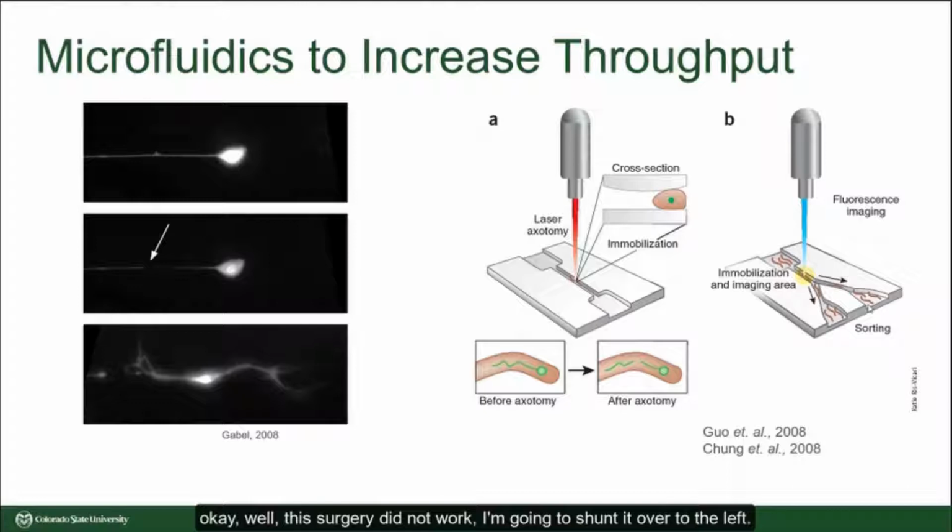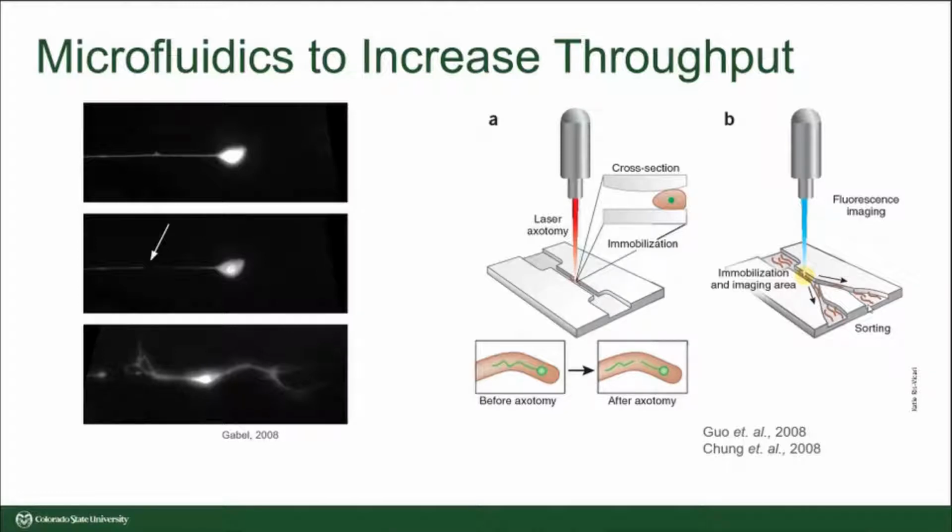So let's say it looks at this picture and says, okay, this surgery did not work, I'm going to shunt it over to the left side. Now this one did work, so I'm going to shunt it to the right side. Then you can take all the worms that had successful surgery and either leave them there in the hotel, or take them out and look for mutations that help with neuroregeneration.